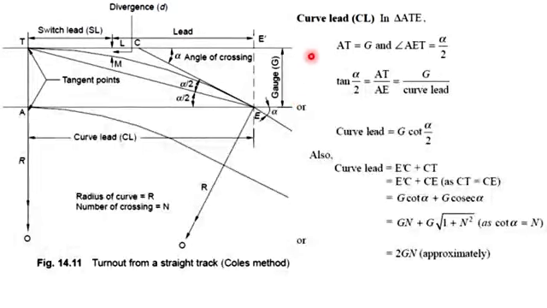So to obtain the curve lead, which is AE or TE dash, you have to consider the triangle ATE. So distance AT is G, that is the gauge of the track, and angle AET is half of the angle alpha, that is alpha by 2. This is the angle alpha.